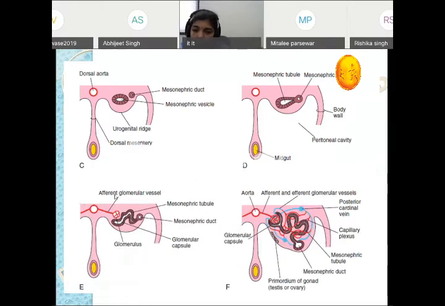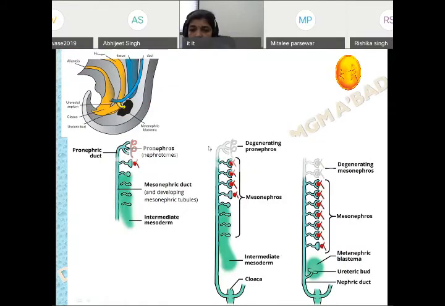And you can see the structure, which is well formed, the glomerulus and the tubule, which ultimately open into this mesonephric duct. While it starts degenerating, not all the mesonephric tubules degenerate. Only the caudal part remains like this, and they contribute to the duct system of the testes.